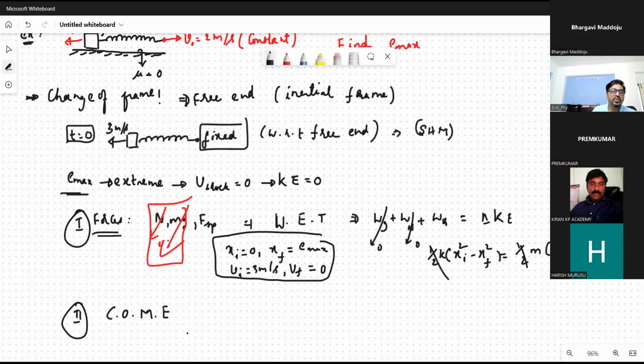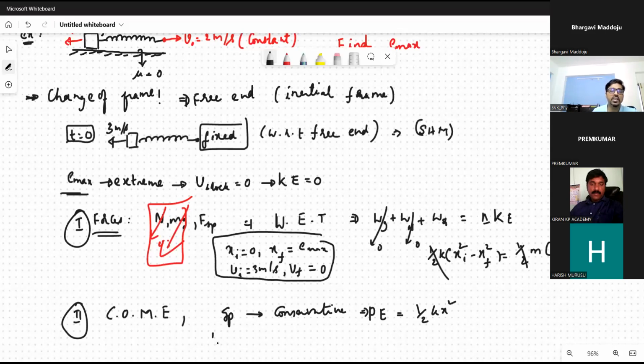Now that only the spring force is acting here, doing work, and the spring force is a conservative force, whenever you are dealing with conservative forces, it is very advantageous, because we can define potential energy for them. Potential energy can be defined as half k x square.